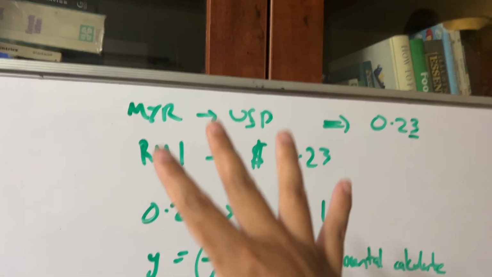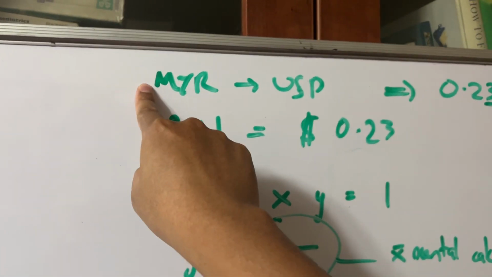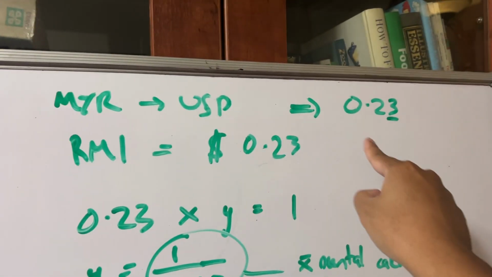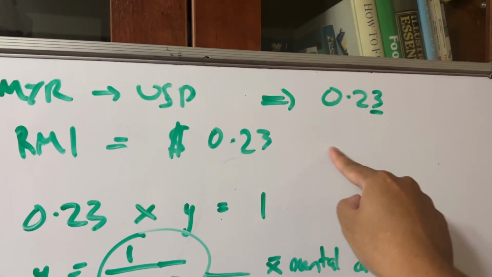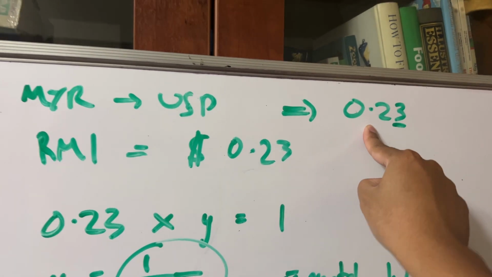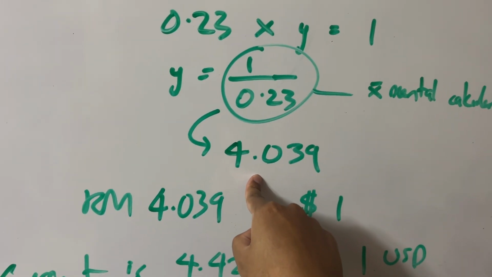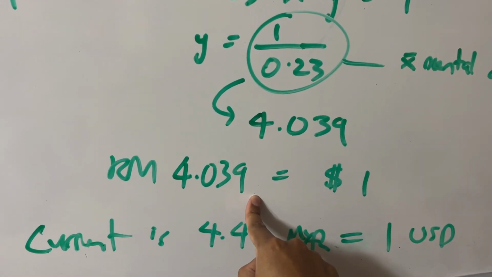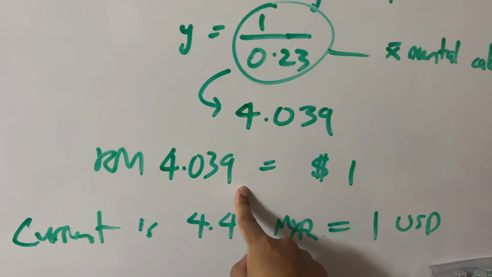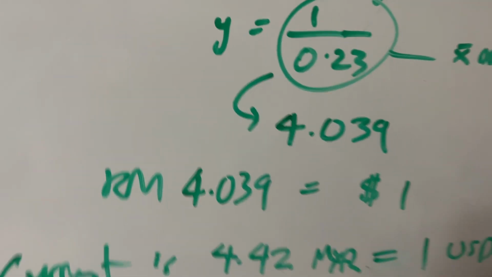If you search a conversion of smaller currency into a bigger currency, you will get a decimal. What you have to do is take 1 divided by that, and then you will get this value. So now you get $1 is equal to 4.039.